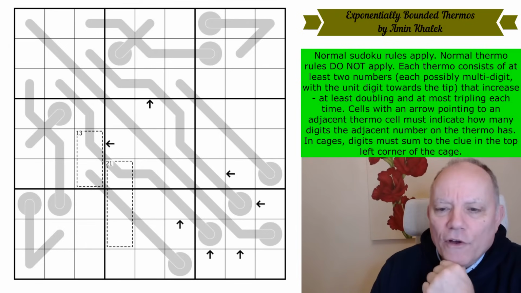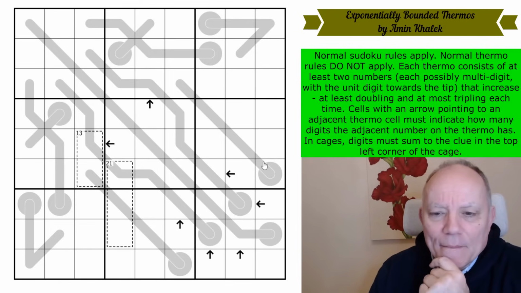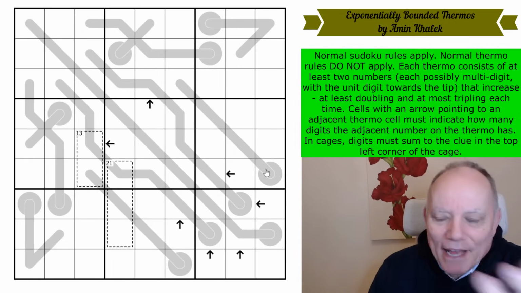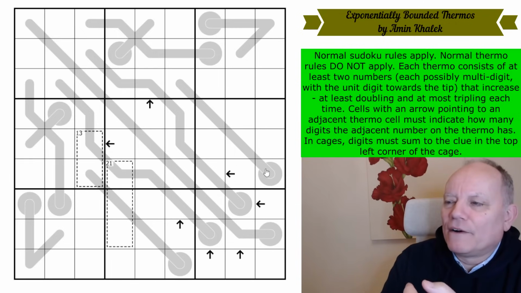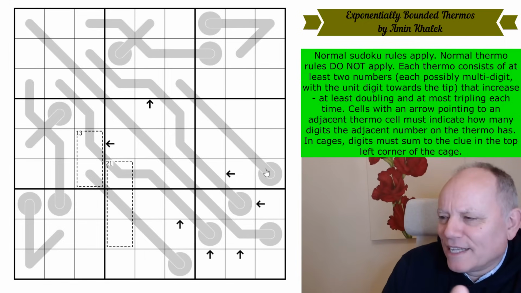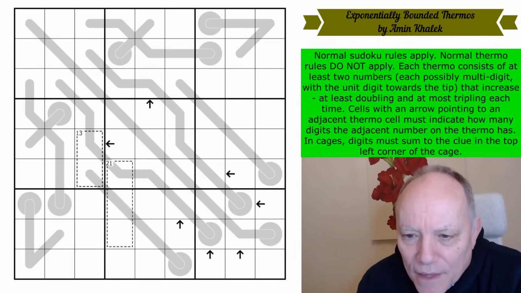Now, along the thermos, these numbers at least double and at most triple each time. So that explains the formula of the relationship between each number: 2y is less than or equal to x is less than or equal to 3y, or something. Anyway.